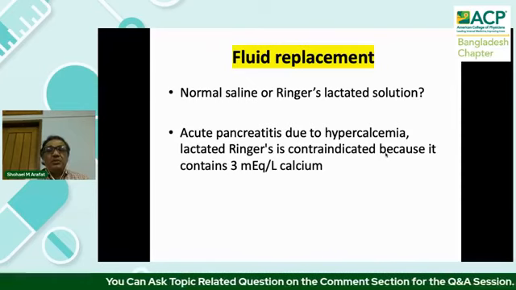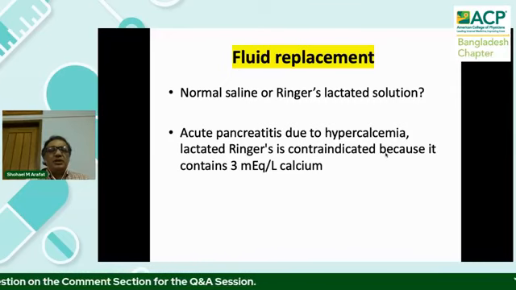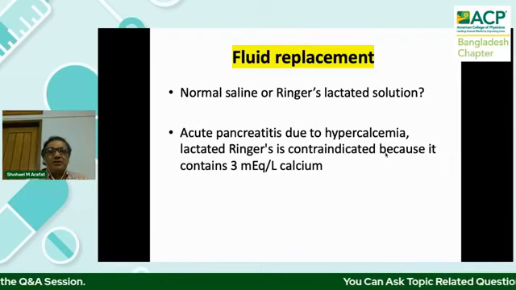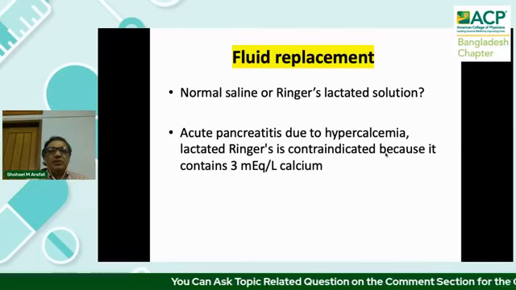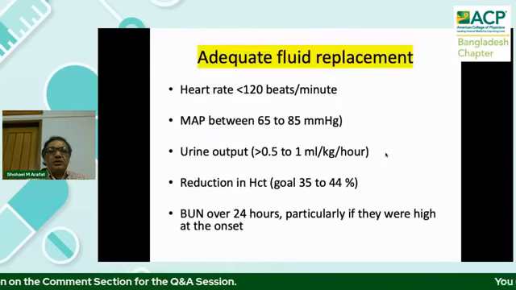But still the preferred practice is Ringer's lactate solution, as at least a few evidences are there. But we should be very careful whether the patient has hypercalcemia, because Ringer's lactate contains calcium, which might increase the level of calcium in the blood and lead to deterioration of the patient's clinical status. So these are the better ones.